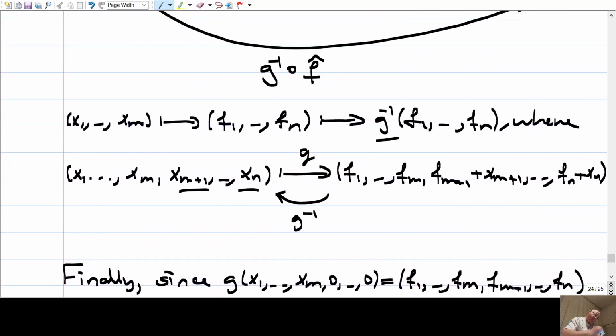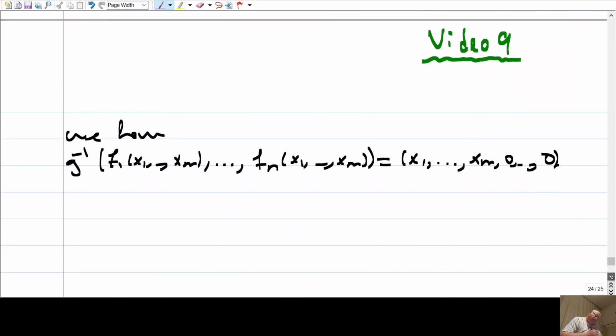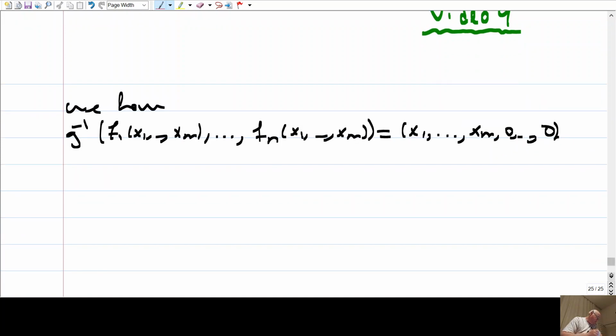Hence this is equal to x1 up to xm, and then the rest are zeros. So exactly this gadget, and this finishes the proof.